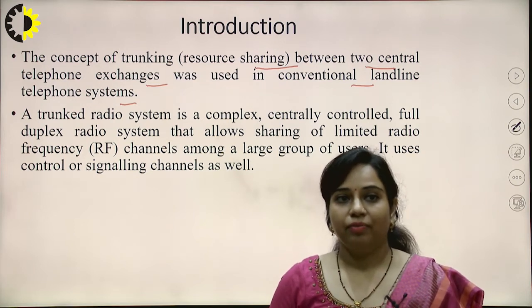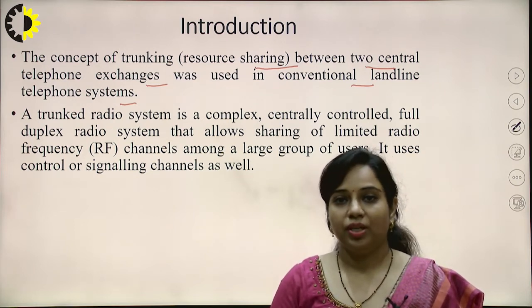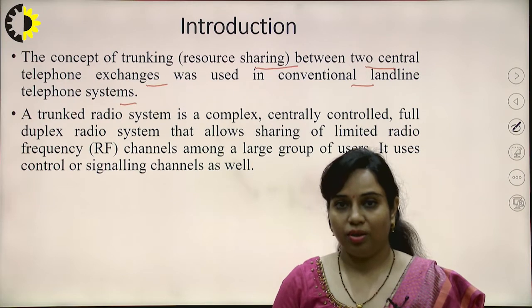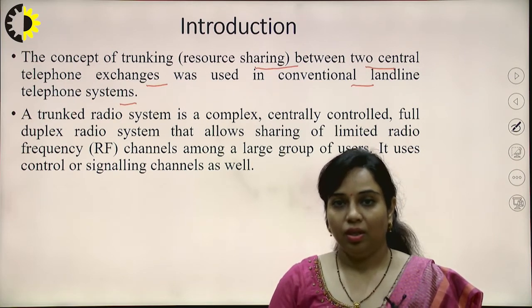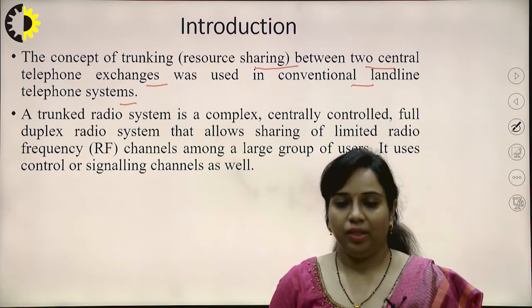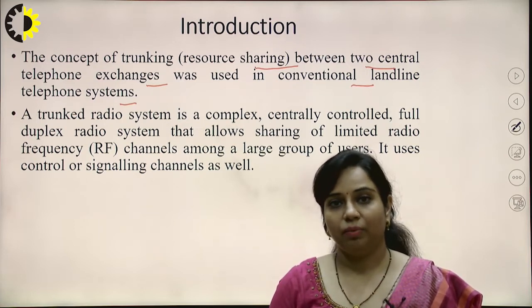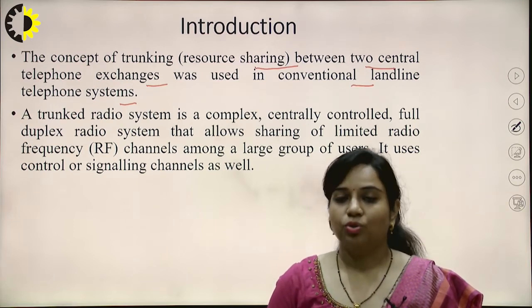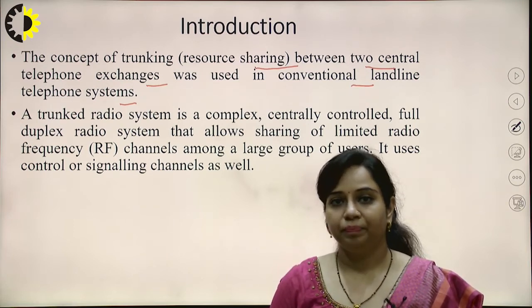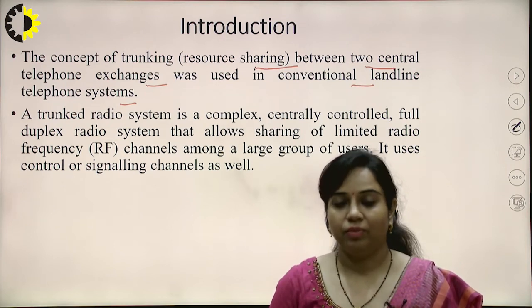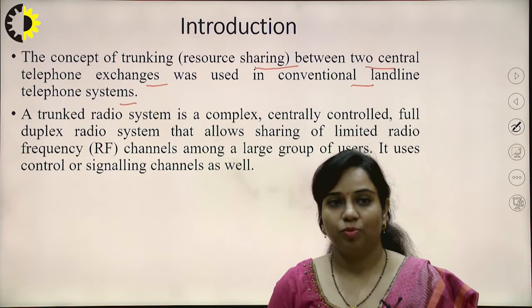First, it is wired, and the handset is also connected by wire to the receiver. Secondly, it is used for short distance communication. For long distance communication, the connectivity is not quite good. So we moved towards the wireless communication system, an example of which is the mobile phone.